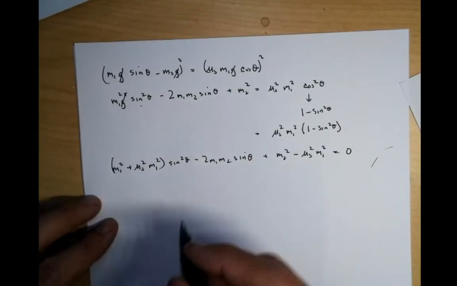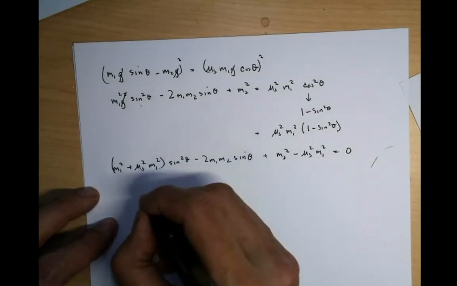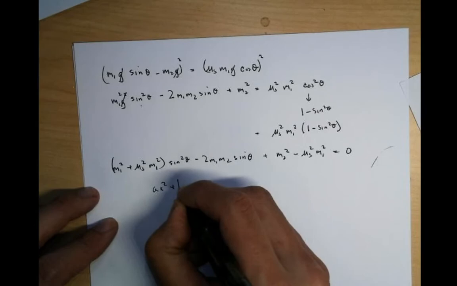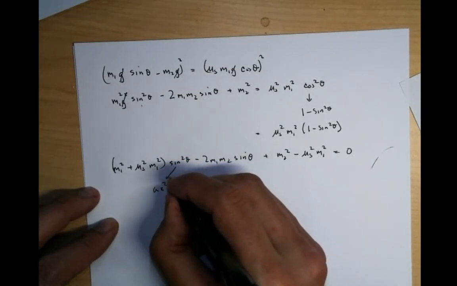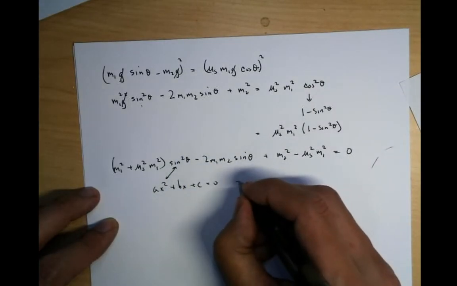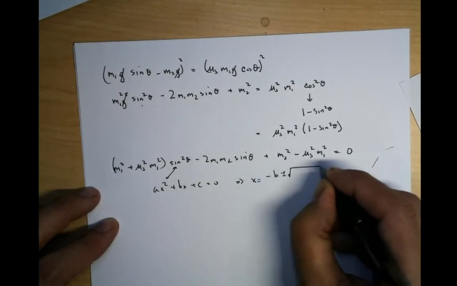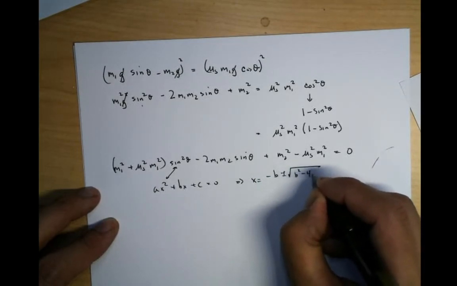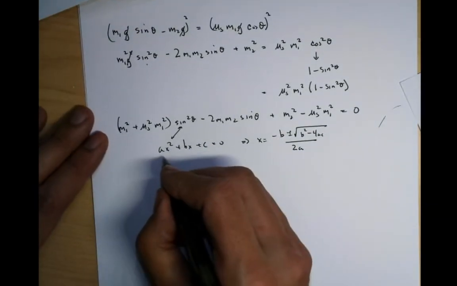Okay, so you recognize this is a quadratic equation where ax squared plus bx plus c equals 0, where x is sine of theta. All right, so the solution is x is equal to minus b plus or minus the square root of b squared minus 4ac over 2a. So let's go ahead and do that.